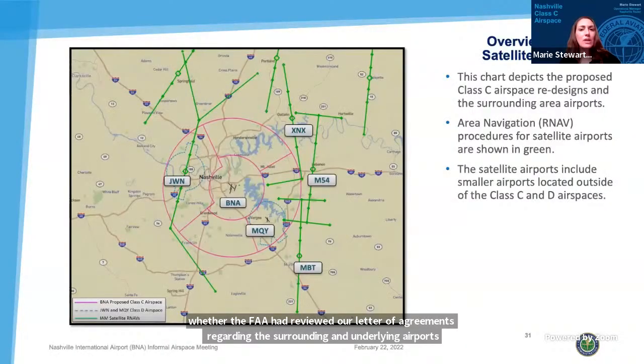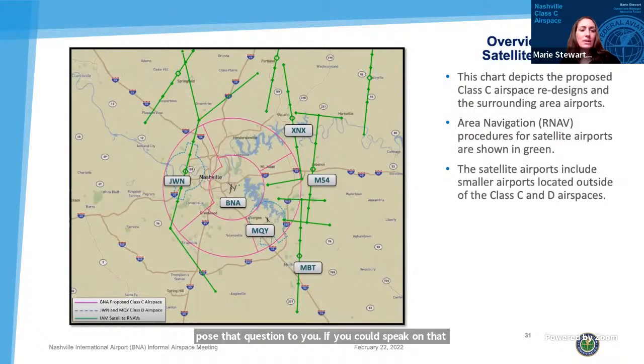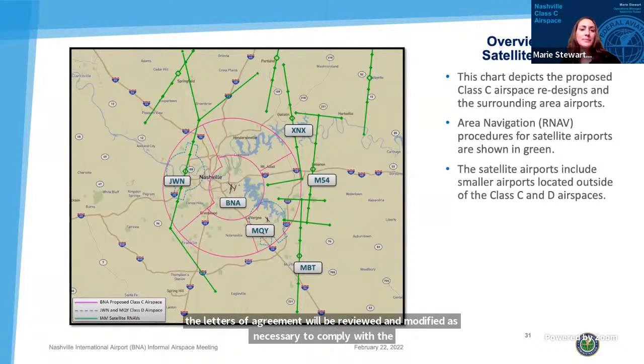Once the Class Charlie proposal is approved, the letters of agreement will be reviewed and modified as necessary to comply with the new Class Charlie changes. Currently at Nashville, we only have letters of agreement with John Tune and Smyrna Federal Contract Towers. All the other satellite airports do not have control towers nor letters of agreement with Nashville at this time. Good to know. Thank you, Marie.